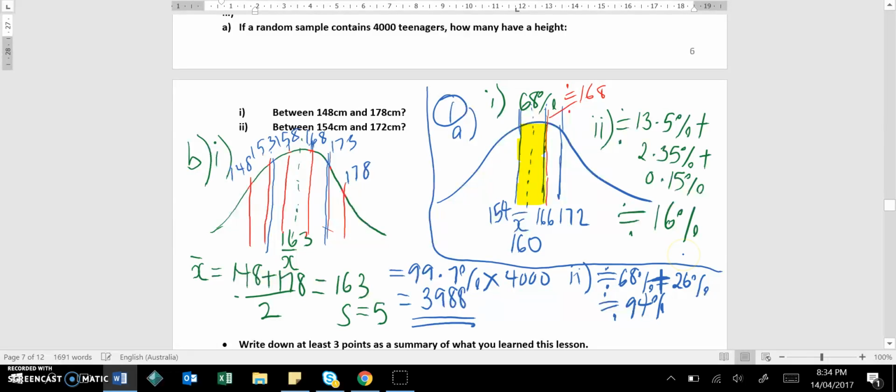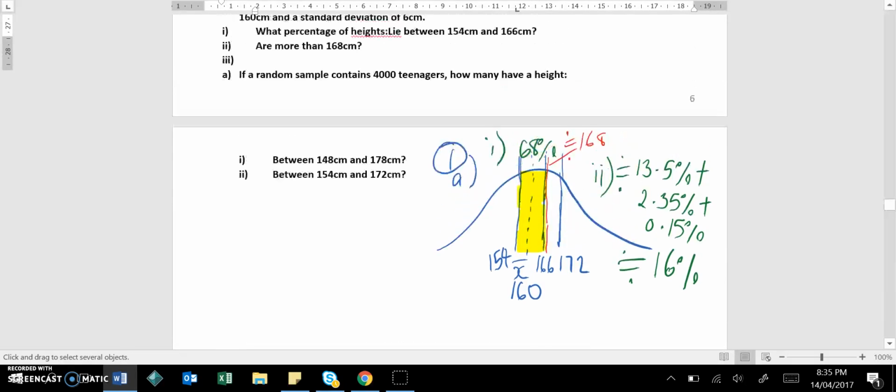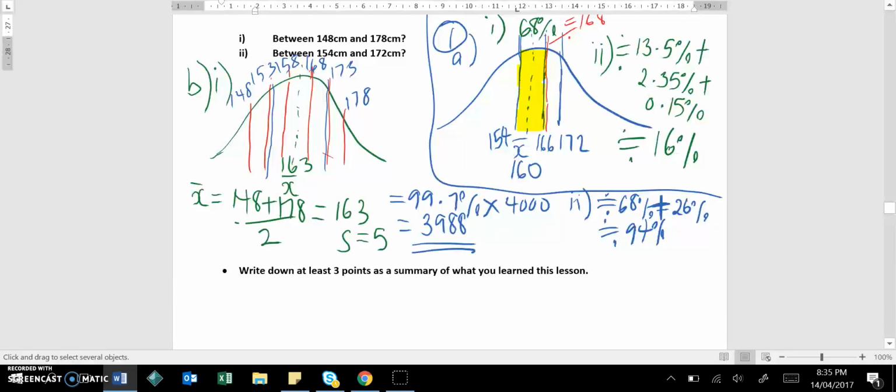Okay, how did I know that the bit in the middle there was 68%? And how did I know that these bits here were 13.5%?